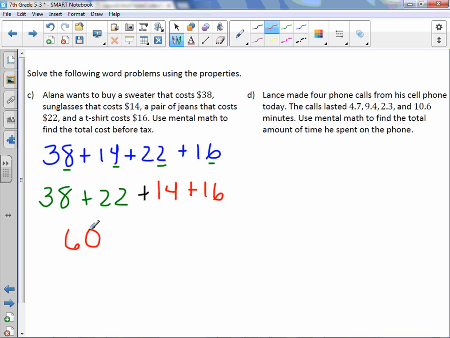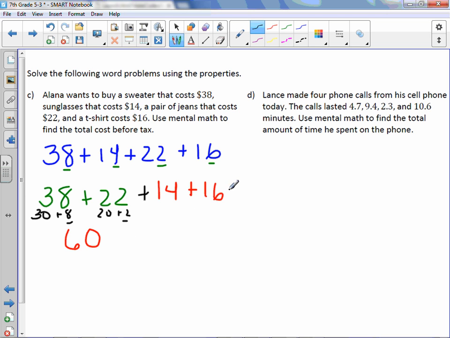And let me do that again. This 22 is really 20 plus 2, and this 38 is really 30 plus 8. And if you group these together to make 10, you're really adding 30 plus 10 plus 20, which is 60.